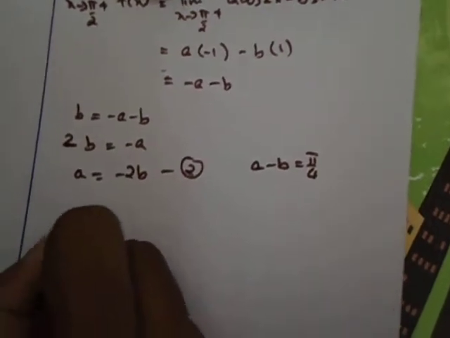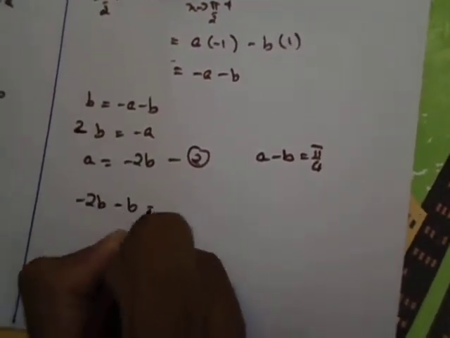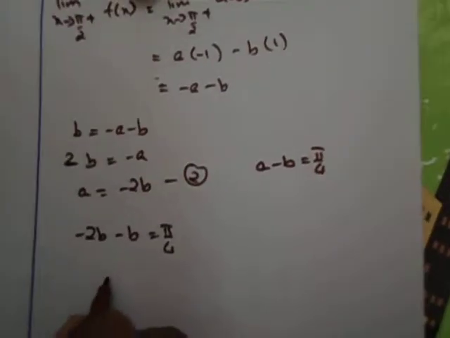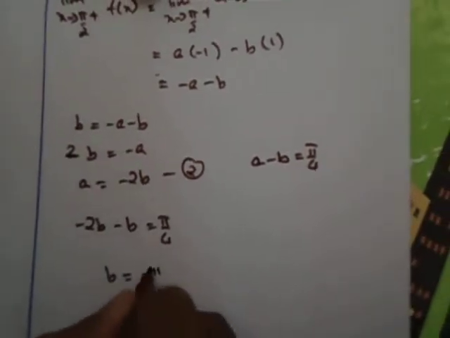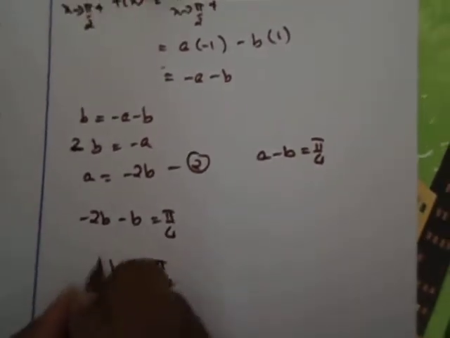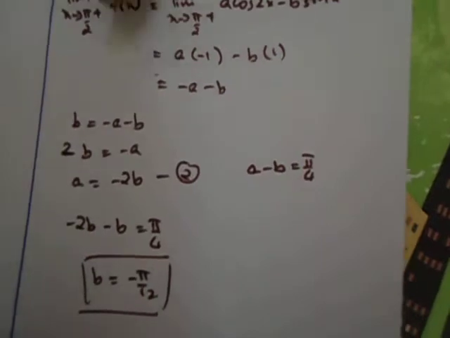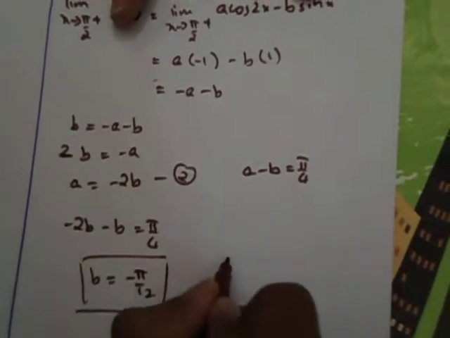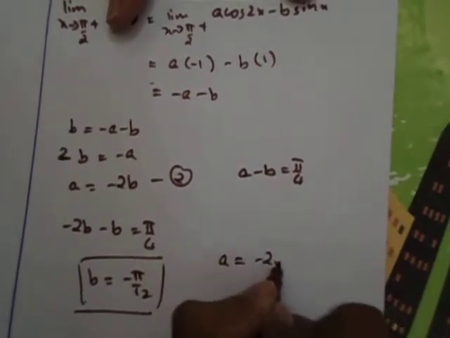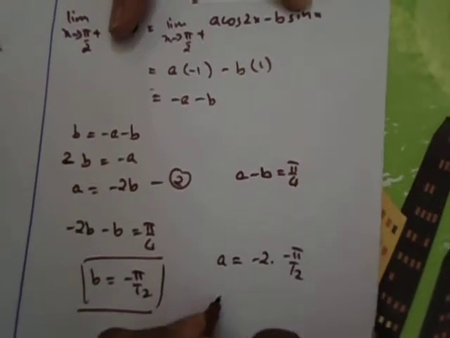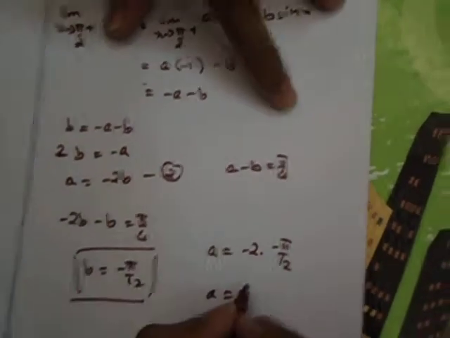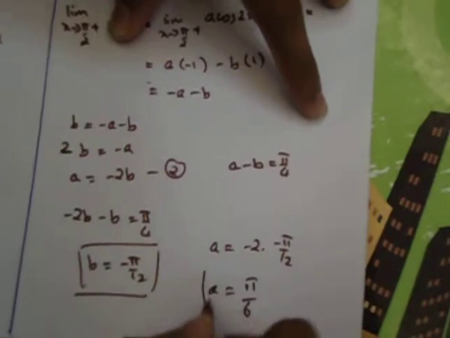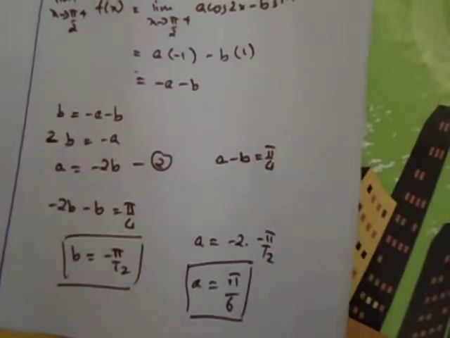We get minus 2b minus b is equal to pi by 4, so b is equal to minus pi by 12. Let's put back this value to get a: a is equal to minus 2 into minus pi by 12, which means a is equal to pi by 6. This is the answer.